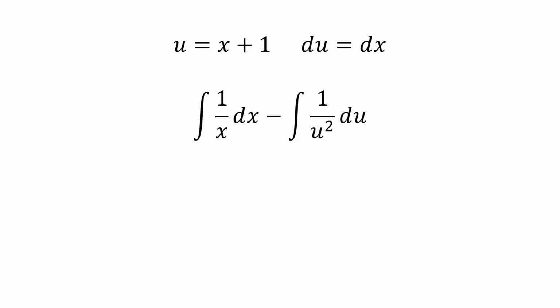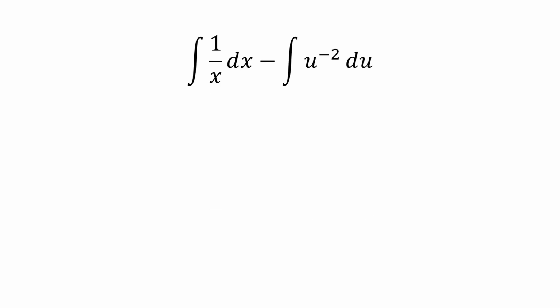Rewriting the second integral in terms of negative exponents gives the integral of 1 over x dx minus the integral of u to the negative 2 du. Integrating gives ln absolute value of x plus u to the negative 1 plus c.